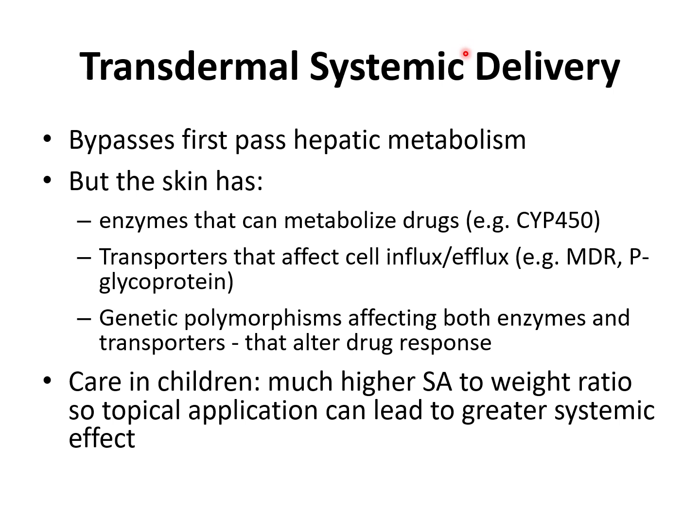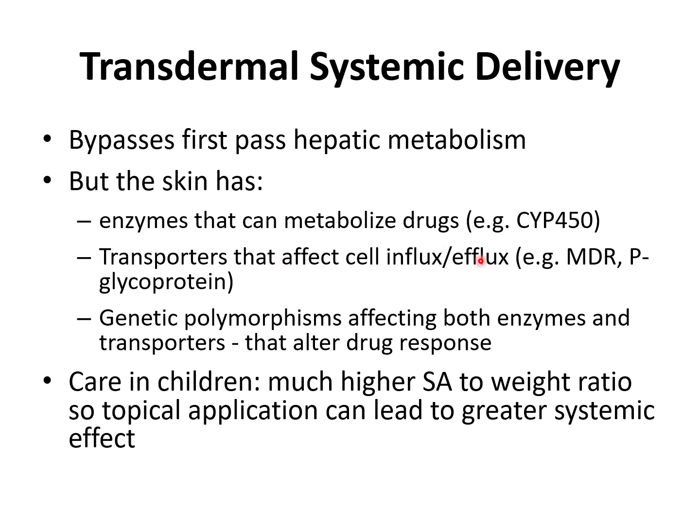Second, there are enzymes in the skin, the same enzymes in the liver, some of them, like cytochrome P450 enzymes, that can metabolize the drug as it's passing through the skin. There are also transporters that can pump the drug out of the cells, the multi-drug resistance genes, the P glycoproteins that you found in other cells in the body. And you have genetic polymorphisms in different individuals affecting both the enzymes and the transporters.